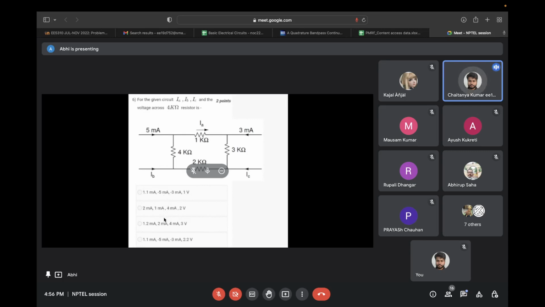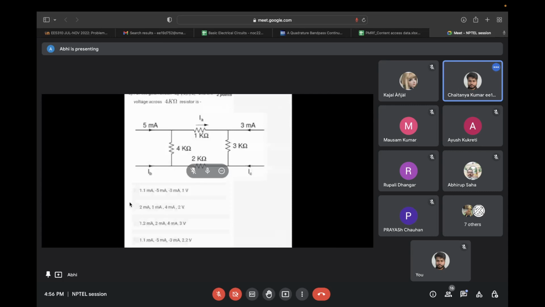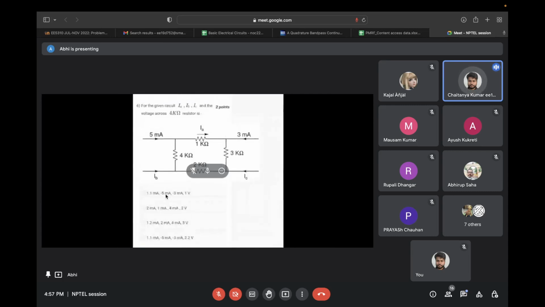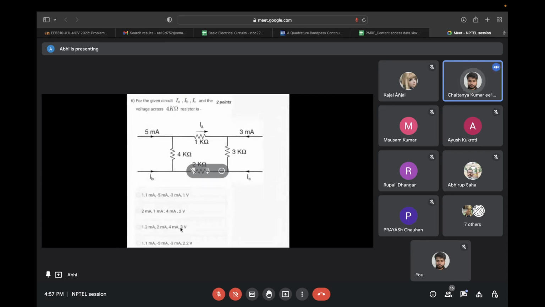From there, it will be either option A or option D, right? Because 5 plus 3 milliamps is 8 milliamps, and IB plus IC also must amount to the negative of the same sum.